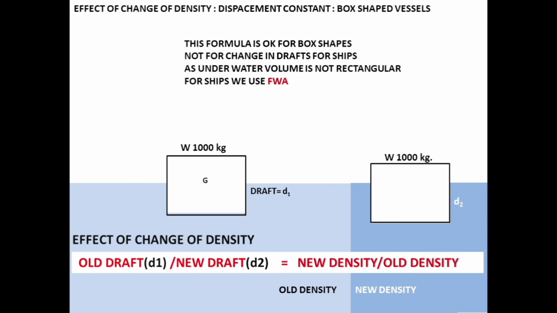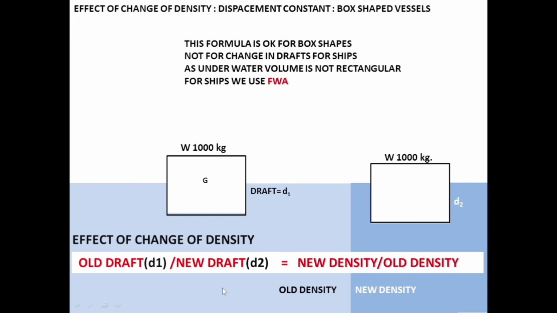Now, in the last topic, when we had talked about the effective change of density, we had seen that if the displacements were the same, then the draft would change. So far, we've been talking about the draft being the same, so the displacement was changing.